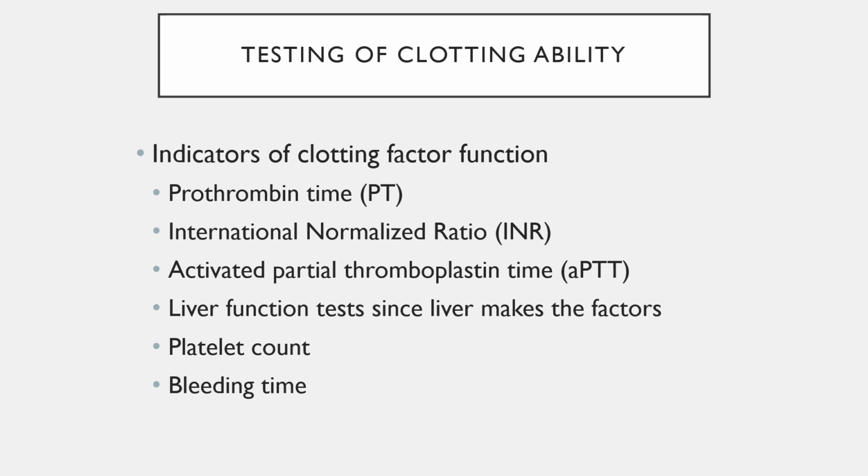So for example, the first two, in particular, the INR, International Normalized Ratio, that's kind of replaced the prothrombin time, the PT, to monitor warfarin, or the other term for it is Coumadin.